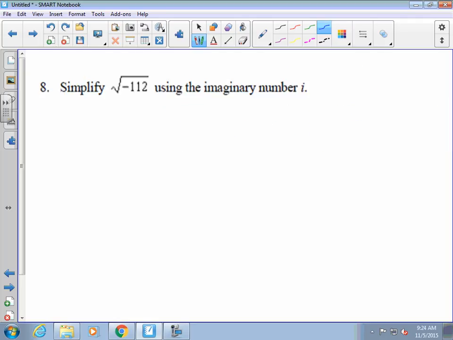Number 8 says to simplify the square root of negative 112 using the imaginary number I. Now this is a tough number to do. You might not know what the biggest number is that goes into it. I think it's 16, so just for the sake of speed. First thing we want to do, though, since they have this negative value, is take that out by multiplying it by I. That's what we talked about last week, complex number I. Then I think 16 goes into it.